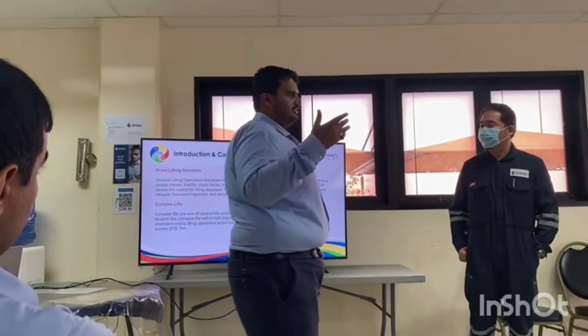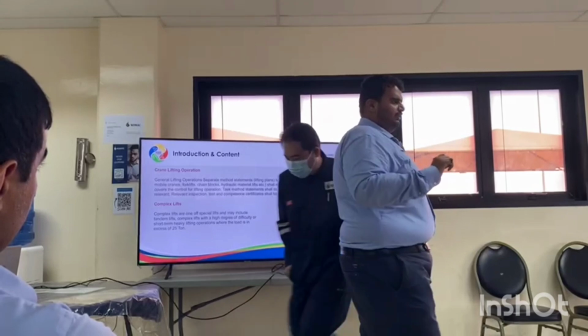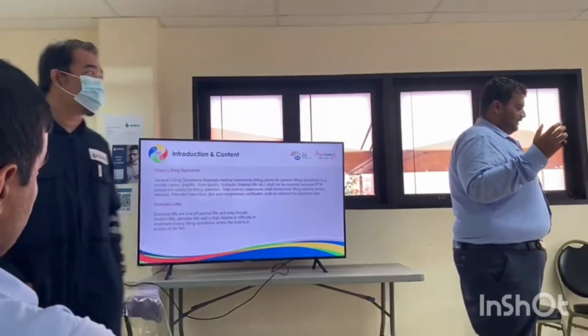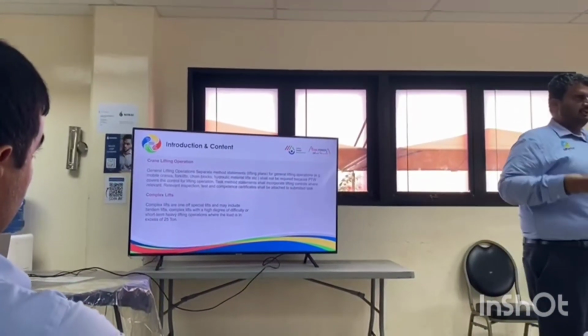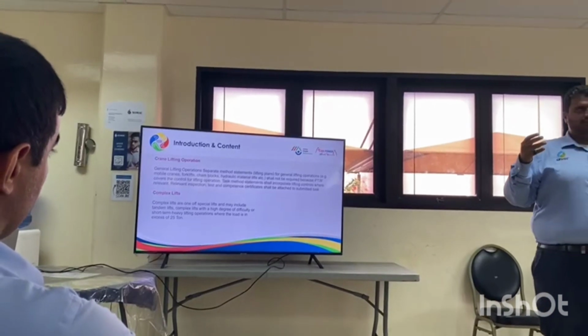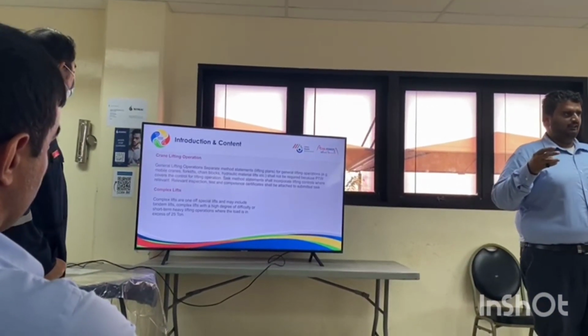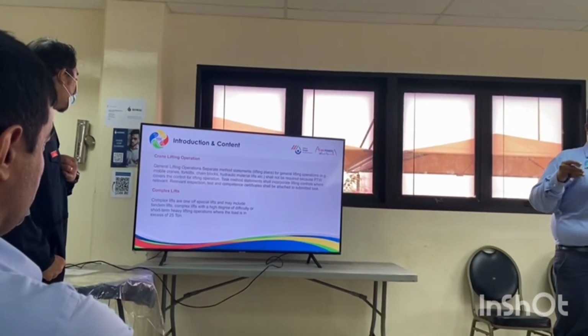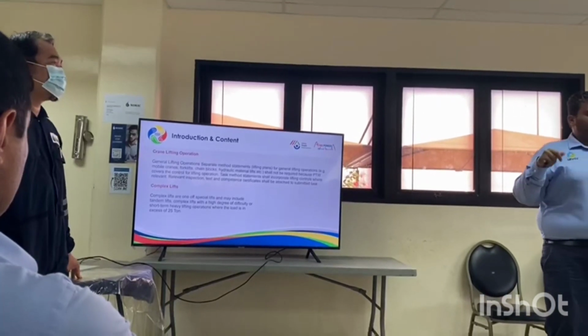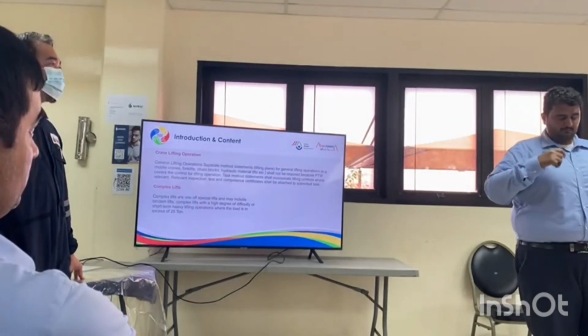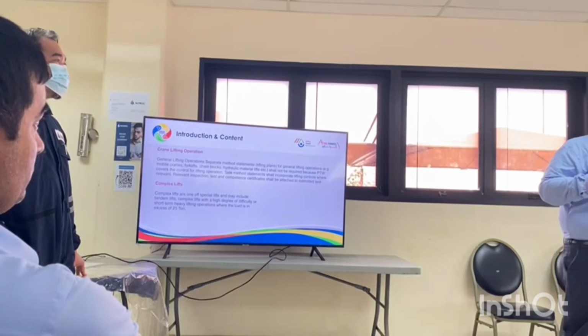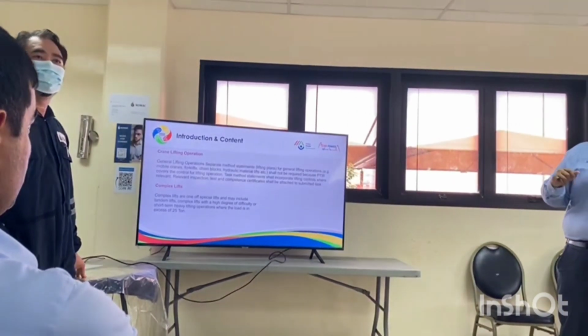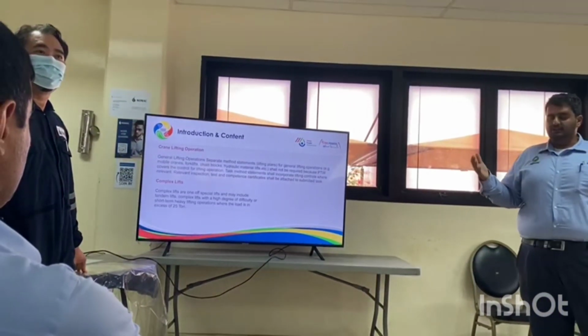Lifting plan, there is a form we have to fill. That form speaks about the area, about the rigger, they have to sign in that one, supervisor, safety in charge. Even the crane operator, he will sign in that one. That form, we have to implement it.